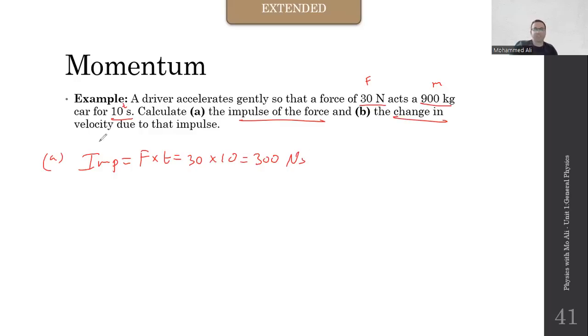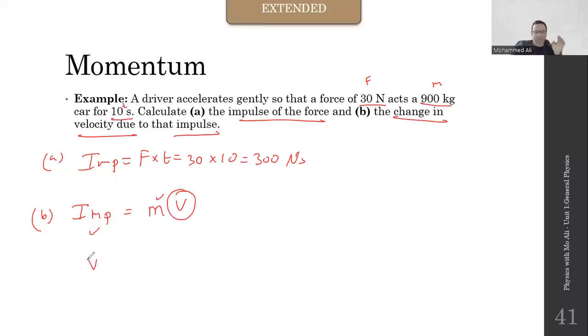Then he wants the change in velocity due to the impulse. Now, do not go back and think of acceleration. What's the relationship between change in velocity and impulse? Well, I know that impulse is change in momentum, and momentum is mass times velocity. I have the impulse, and I have the mass. I do not have the velocity.